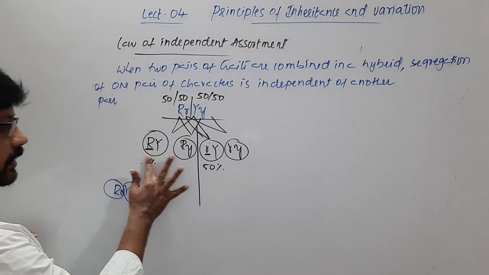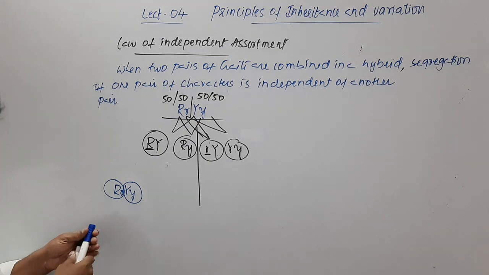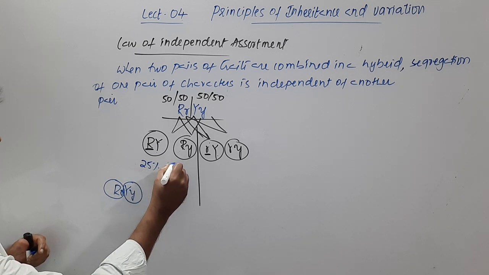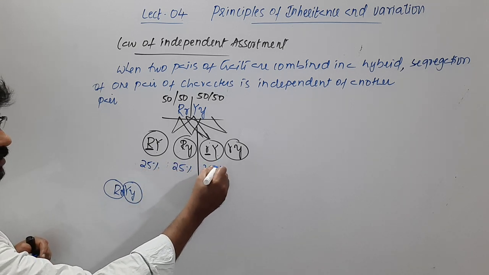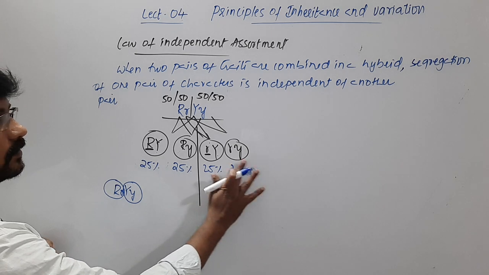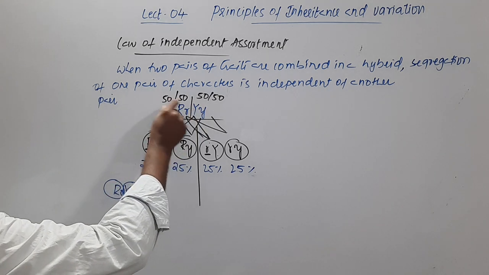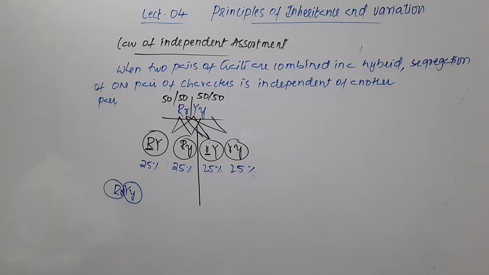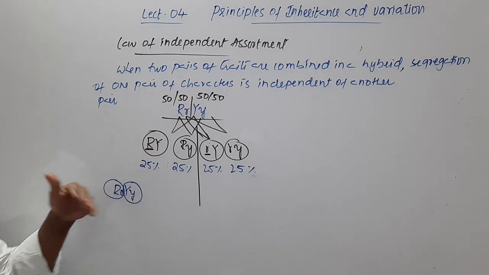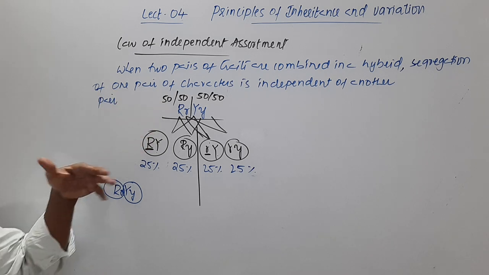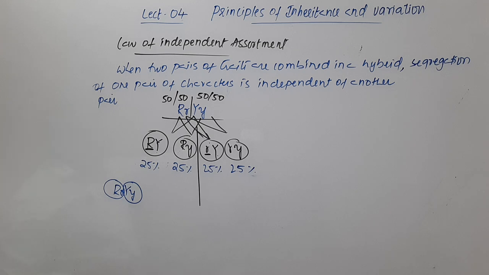In that case, we need to take each one with 25%. So this is 25%, this is 25%, this is 25%, and this is 25%, right? Separation of these two and separation of these two is 50-50. That's why, when two pairs of traits are combined in a hybrid, the segregation of one pair of characters is independent of another pair of characters.